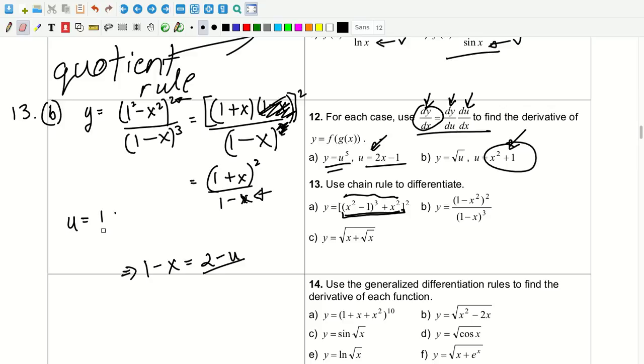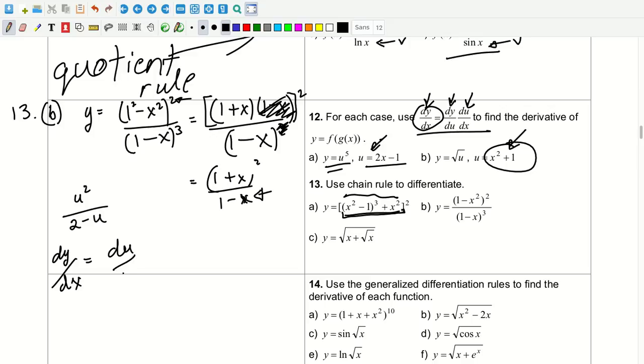So let's transform this. We're going to get u squared over 2 minus u, and we're going to do a differentiation of this. So we need dy/dx, which implies dy/du times du/dx. Du/dx is simple.